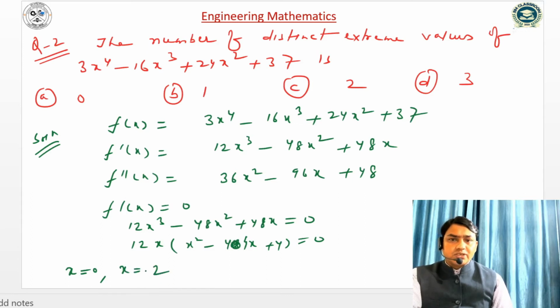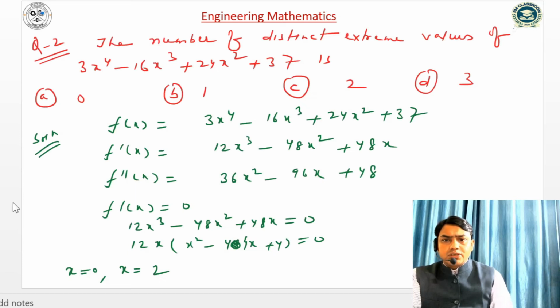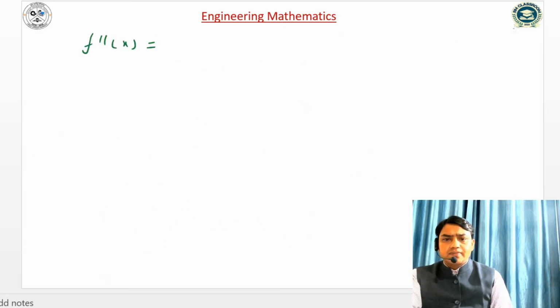So we have to check the number of distinct extreme points. Here f double dash x is 36x square minus 96x plus 48.